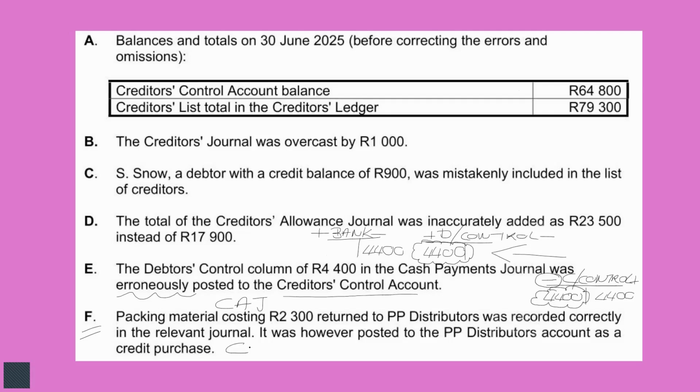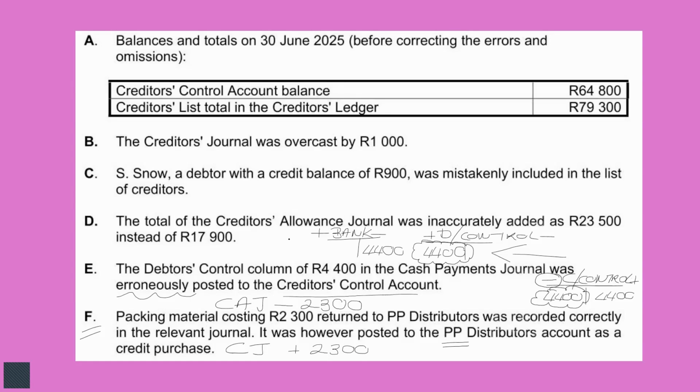So where was the error made, in the list or in the control account? Well, I think it would be in the creditors list because it's unique to this particular creditor. So the business treated this as a purchase, which would have gone in the creditors journal. So it means they added 2,300 Rand instead of minusing 2,300 Rand.